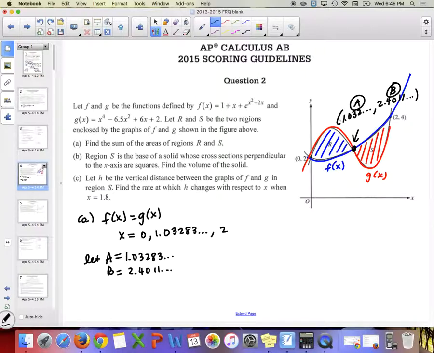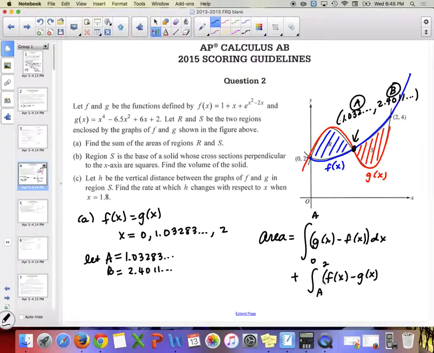All right, so if I'm finding the sum of the areas of region R, I'm going to say my total area. So for R, it's going to be top minus bottom, so it's g of x, the red line, minus f of x, and that goes from 0 to A. And then the other one is from A to 2, and that would be f of x minus g of x.